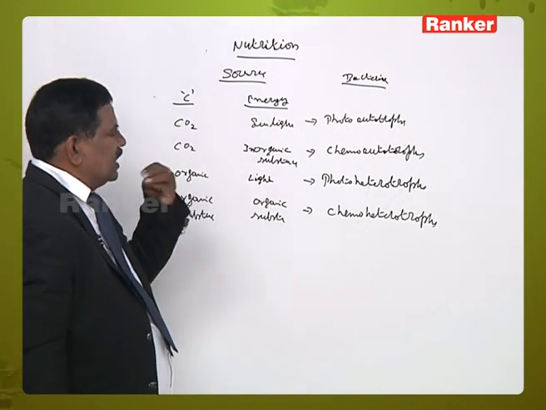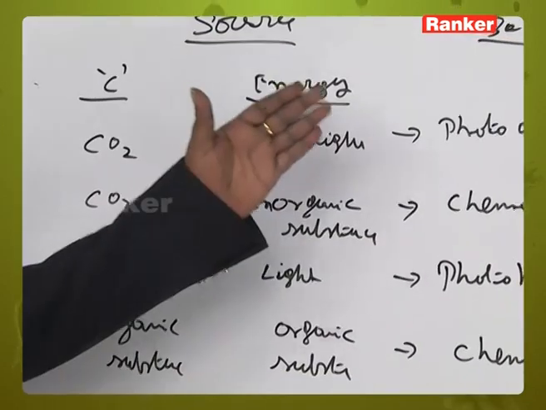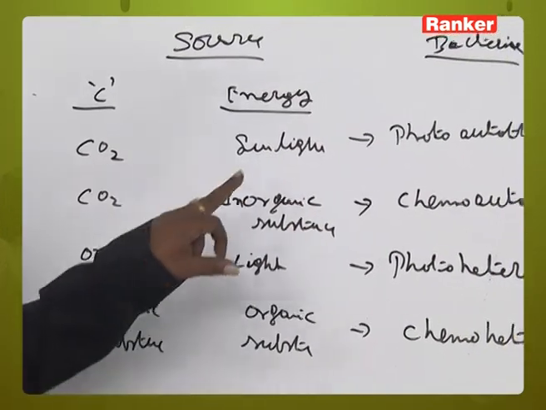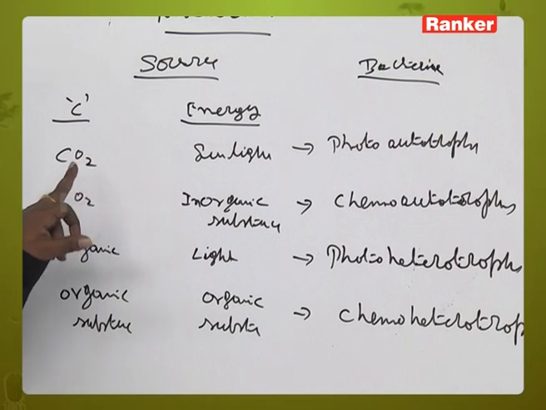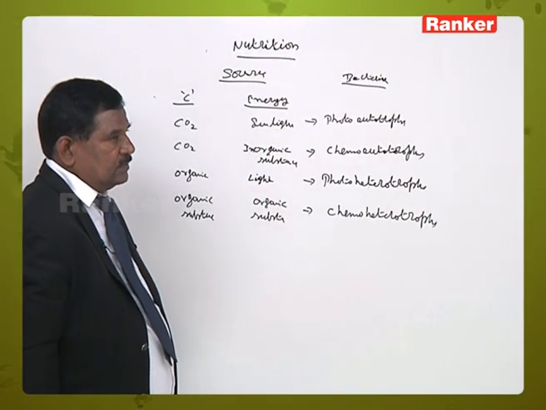Based on the source of energy and the source of carbon, bacteria are of four types. Source of energy, sunlight, and source of carbon, carbon dioxide, they are photoautotrophs.